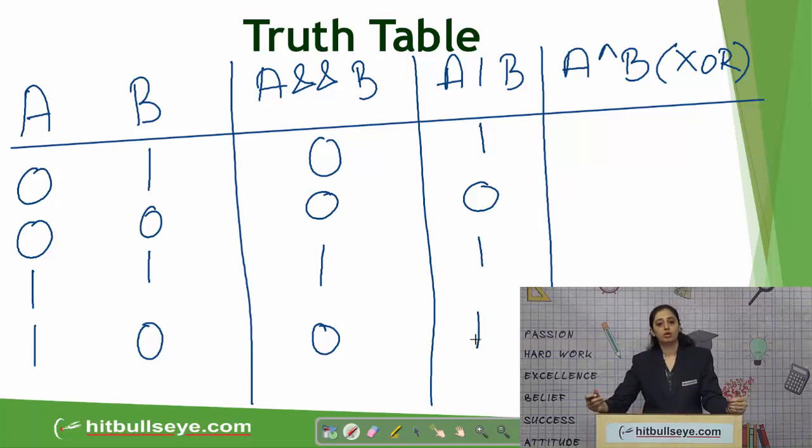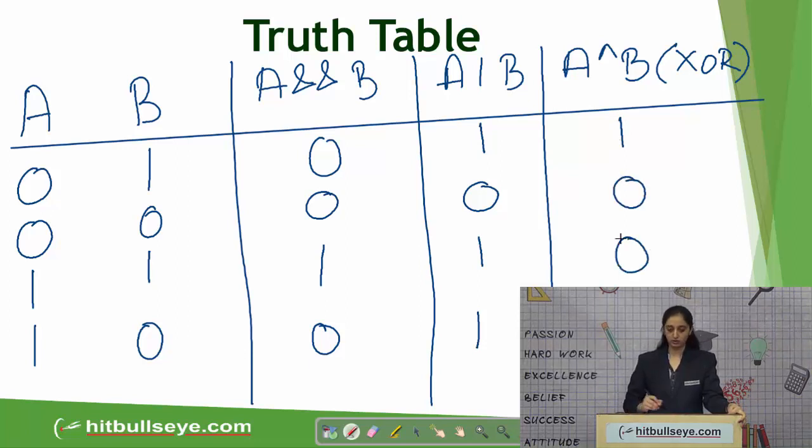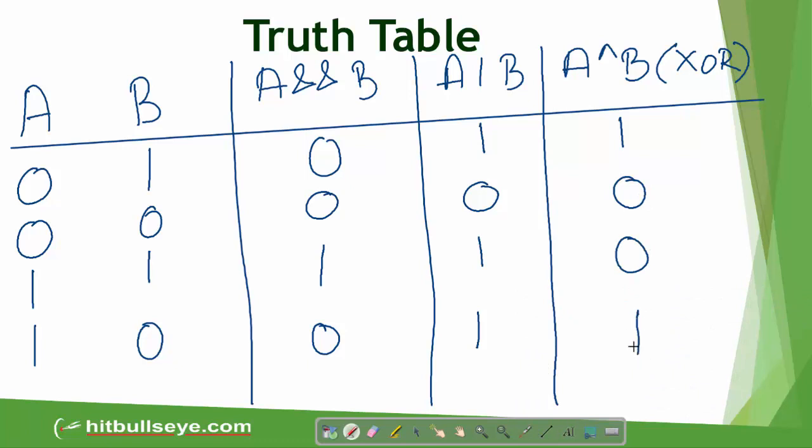But in the case of the XOR operator, it will return a true value only if one is false and one is true. Or we can say that if one operand has a zero value and one operand has a non-zero value, it will return a true value. So it will return a true value here, a false value here, again a false value here, and a true value here.